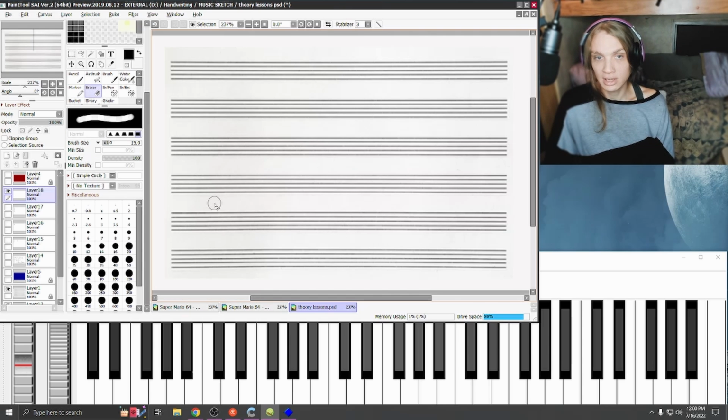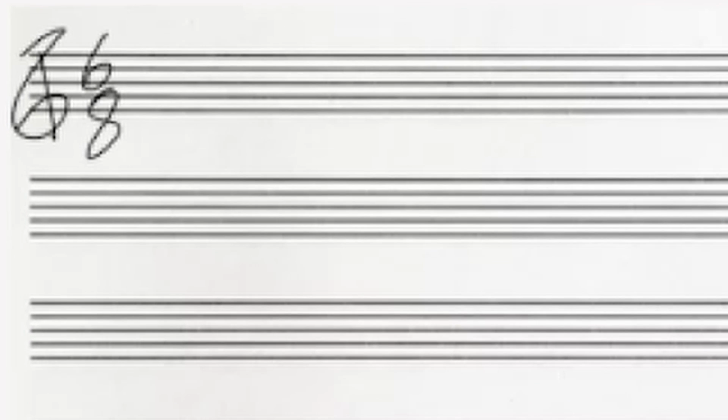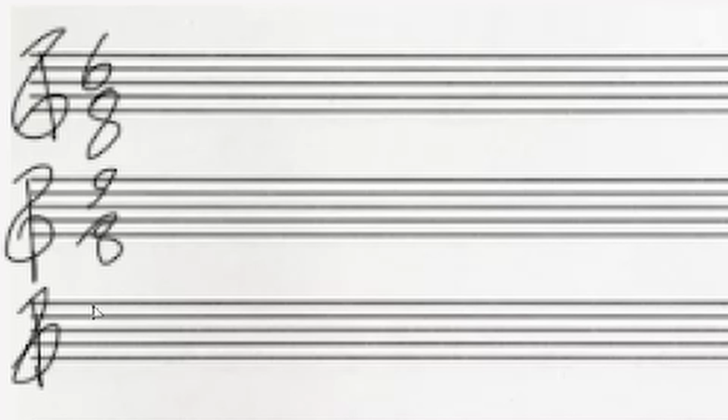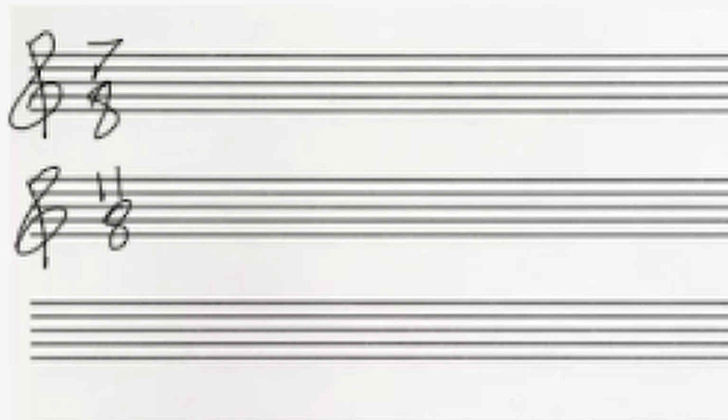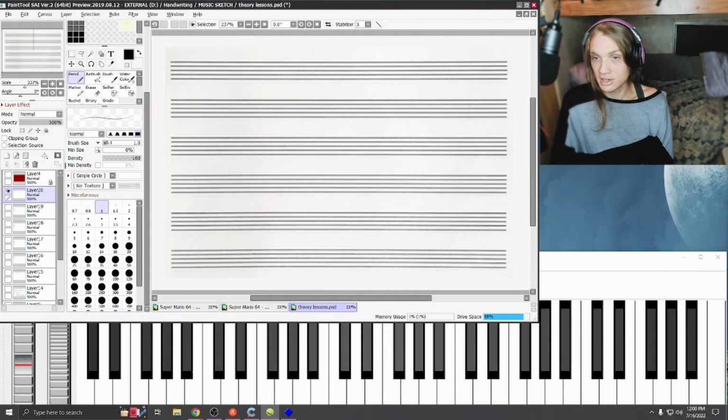Then you get to compound meters, such as 6/8, 9/8, 12/8. And then you have odd time signatures, such as 7/8, or 11/8, or 15/8. And of course, you can have any number on the top.